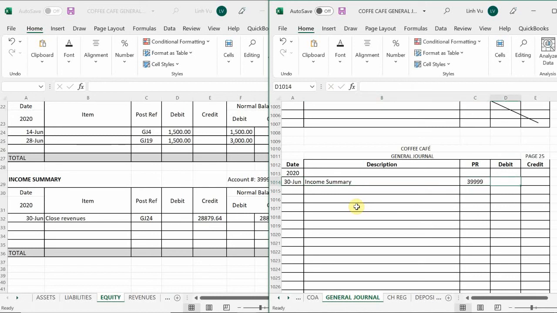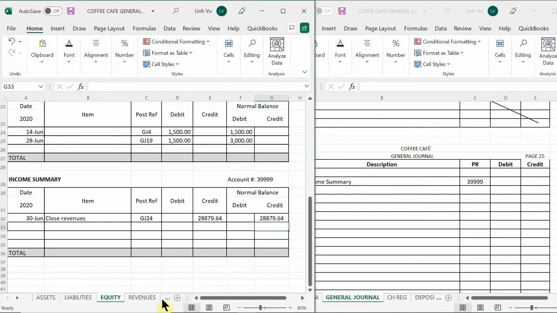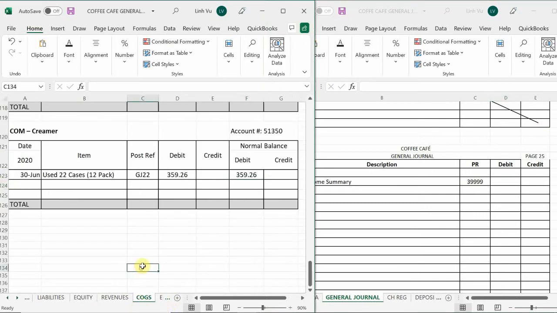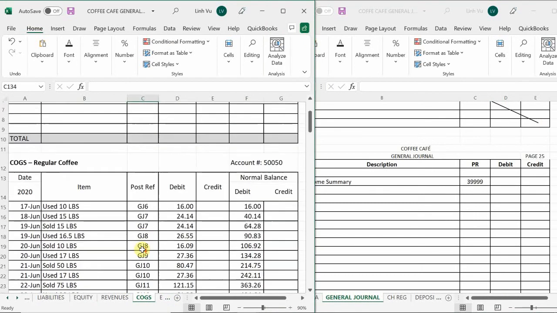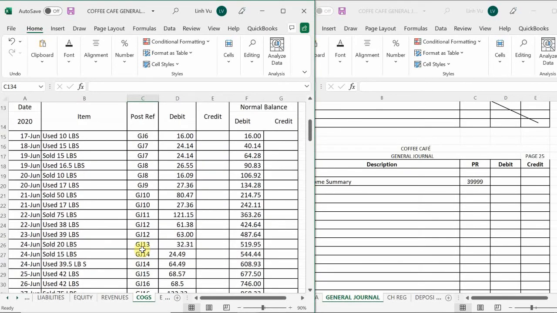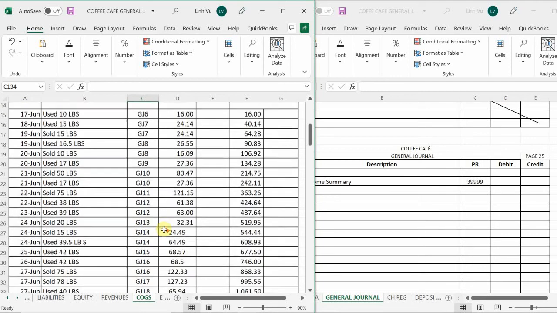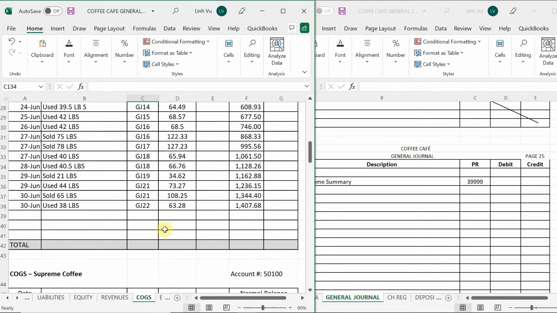So in this case, it's going to be an equal sum. Okay? So let's go ahead and go down to our expenses, starting with the very first one, which is your cost of goods sold. So starting from the very beginning, we have cost of goods sold for regular coffee, account number 550.